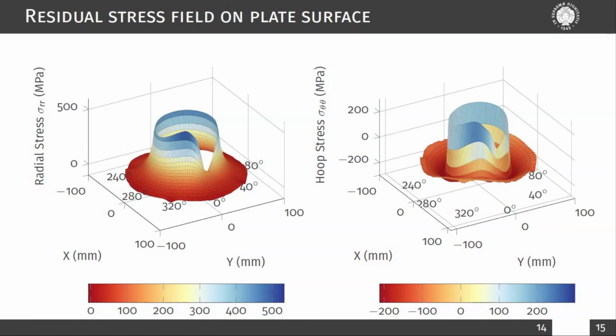It is clearly visible a drop in both radial and hoop stresses near theta equal to 0. This is precisely the area affected by the double thermal welding cycle, where the welding process begins and ends. It is worth noting that the values of stress, especially the radial one, are significant and are really close to the yield strength of the material.